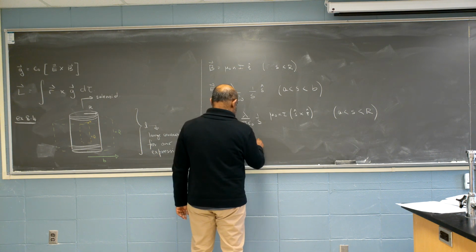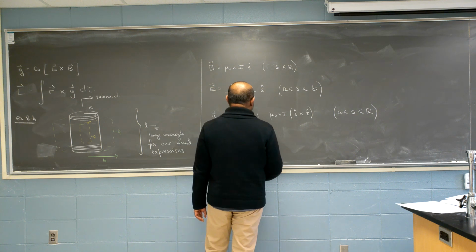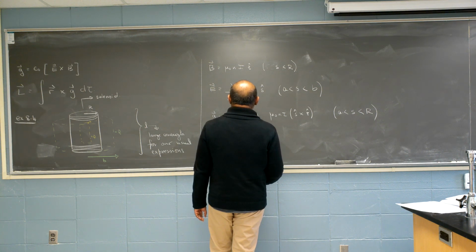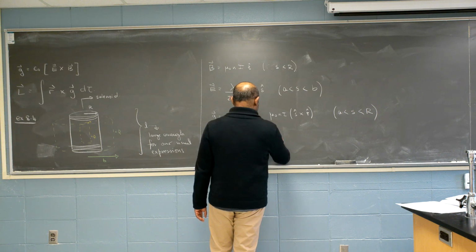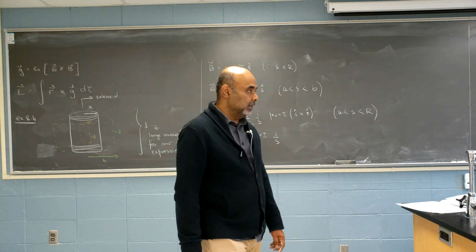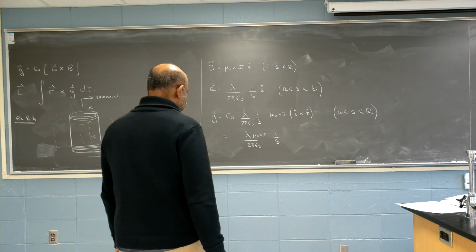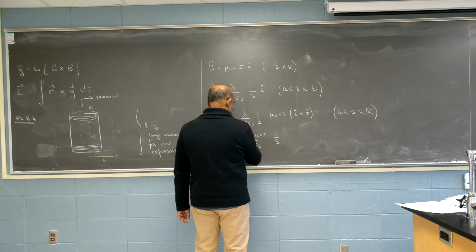So I have 2 pi epsilon naught, but there's a mu 0 n I, and it's just 1 over s. What is s hat cross z hat?